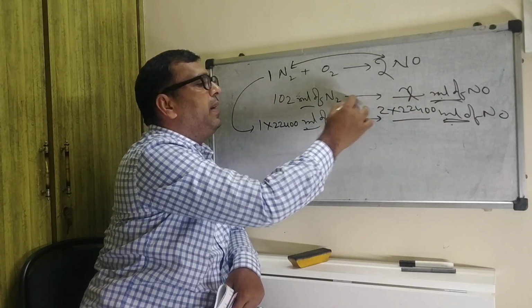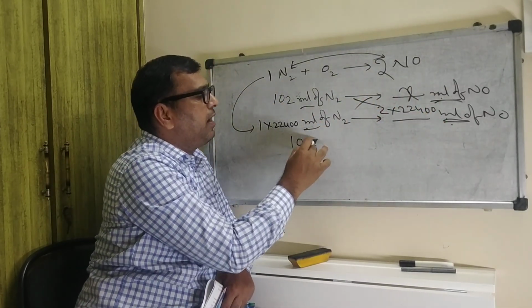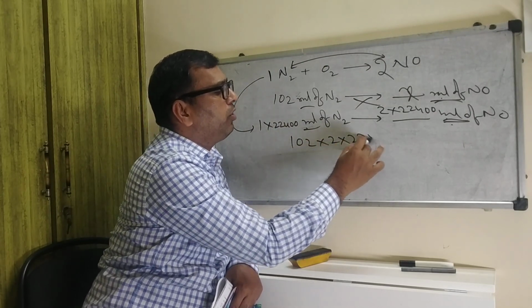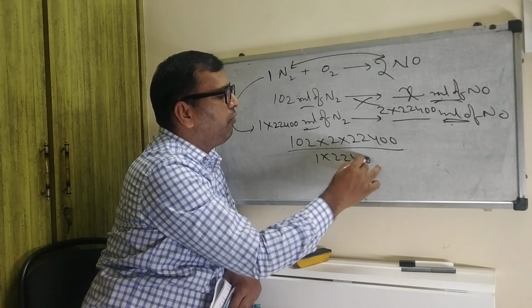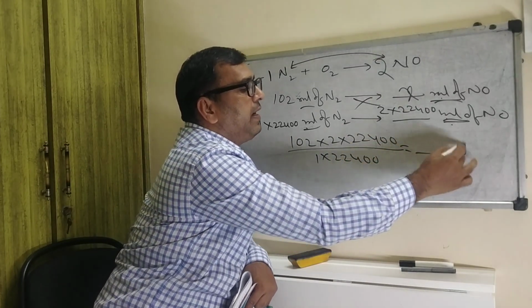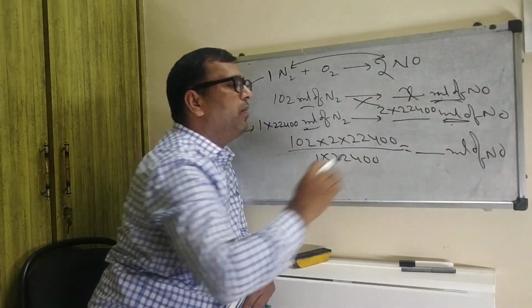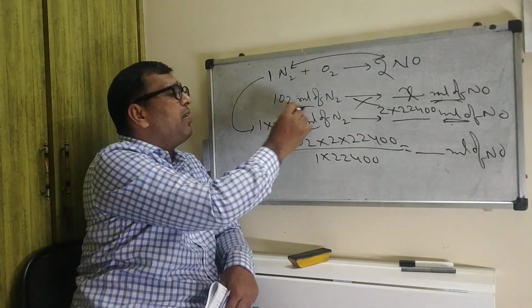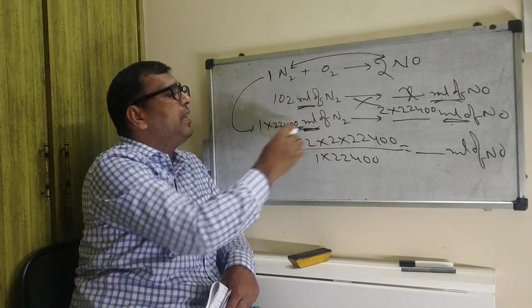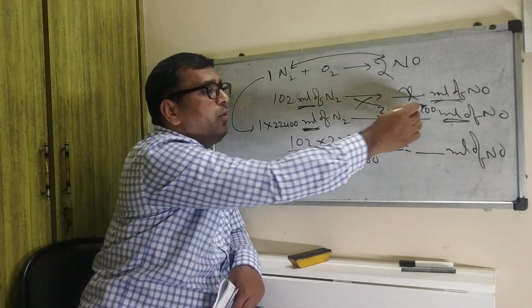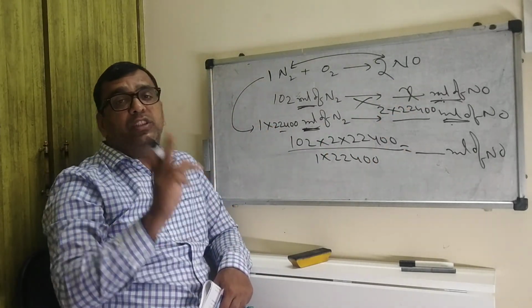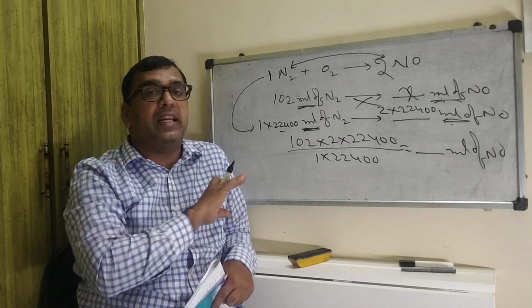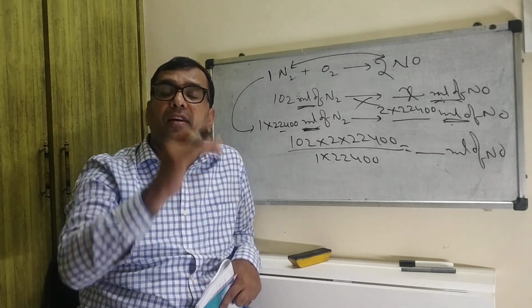So this much ml gives how much? 102 into 2 into 22,400 ml divided by 1 into 22,400. Finally we will get the answer in ml of NO. The given information is in ml and you are going to calculate in ml, so you have to take ml values. This is very, very important. This is the relation between volume and volume.